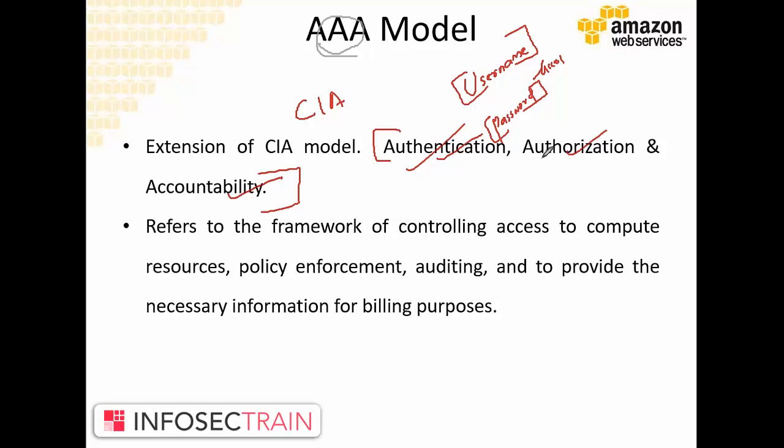The next factor is what we call authorization. Authorization means what all things you are allowed to do. For example, you log into your AWS account or into servers, and what all services, resources and factors you are allowed to modify, use, work on or see. That is authorization.